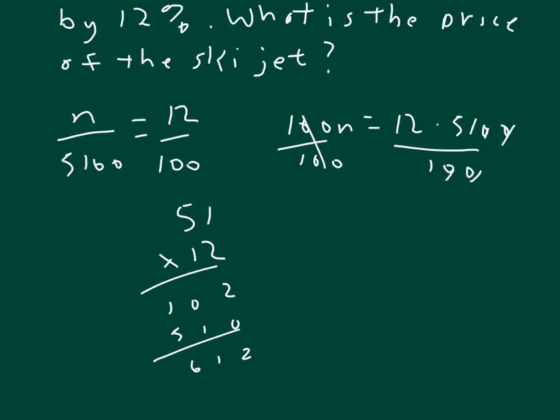Okay, so there's a $612 discount, and I have to subtract that from $5,100.